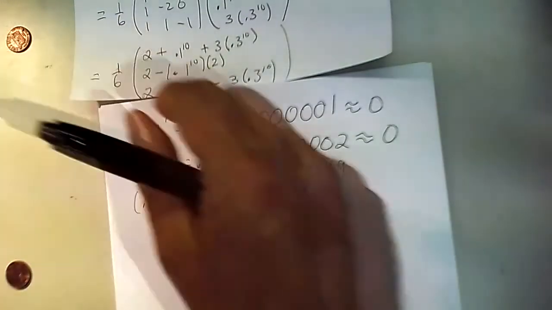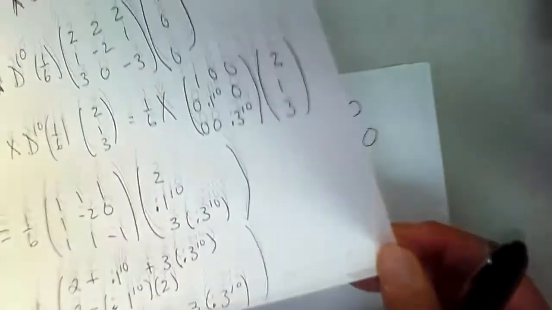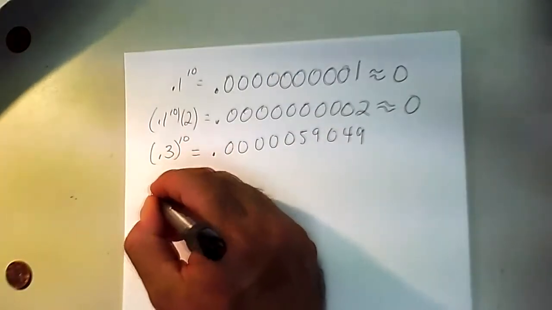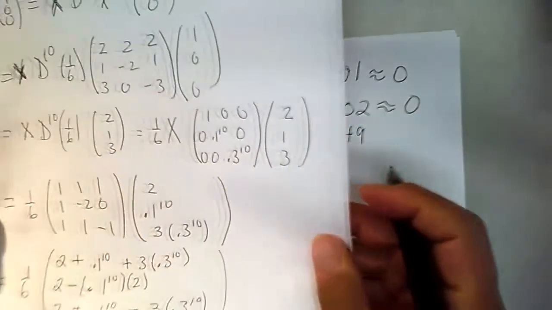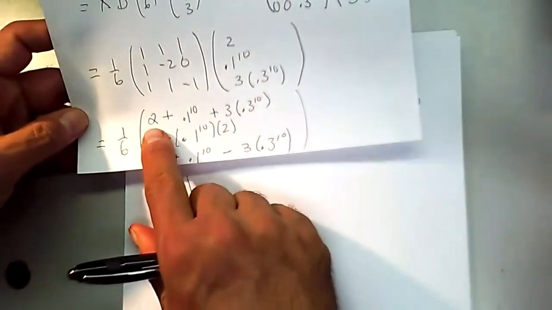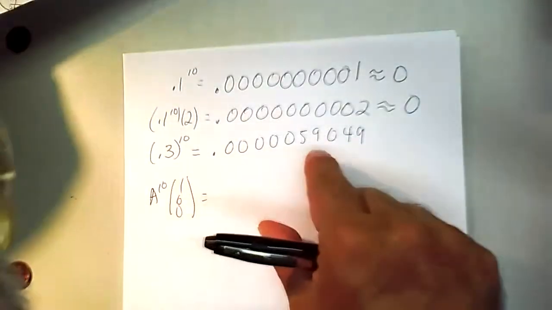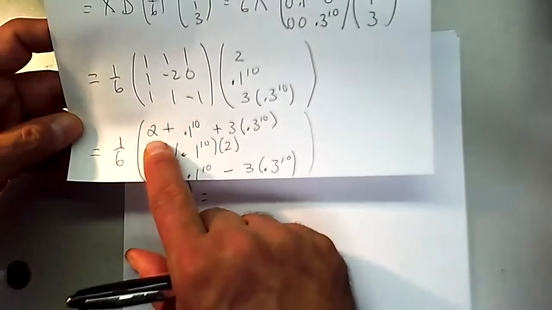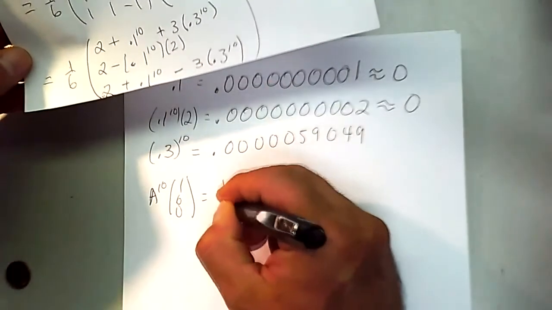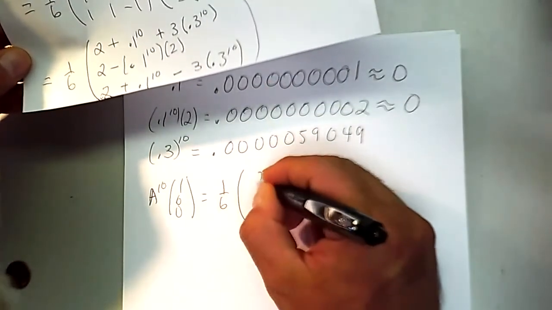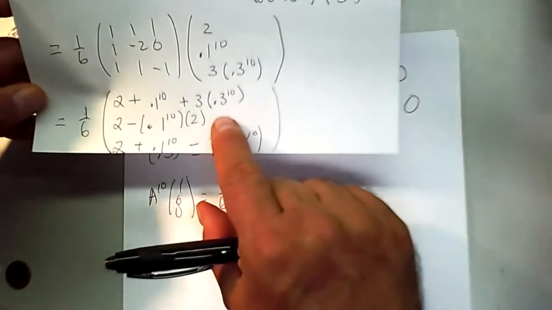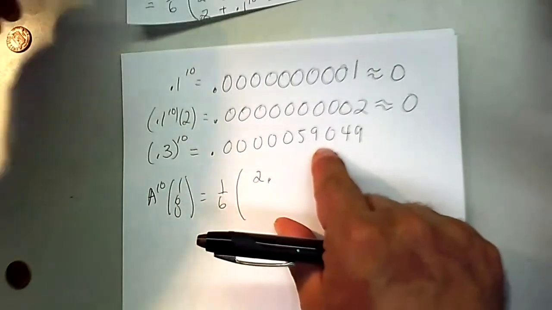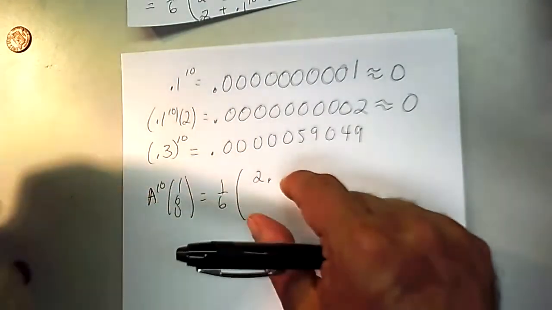So 8 to the 10, we're still trying to finish an answer. 8 to the 10, 100 is going to be 2 plus that plus that. So 2 plus, 1/6 rather, of 2 point. And then we're going to add this, times 3. I forgot to multiply this by 3.